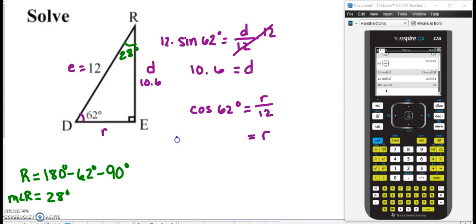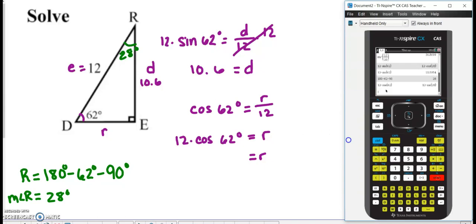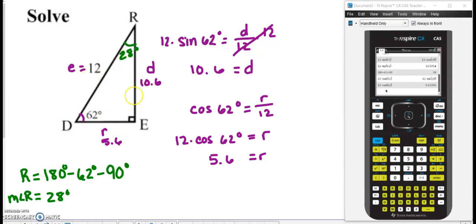So our side R is equal to 12 times cosine of 62 degrees, and if we do that, 12 times the cosine of 62, that's approximately 5.6. So here's our completely solved triangle. We know each side and each angle.